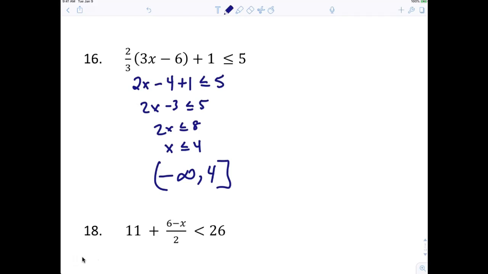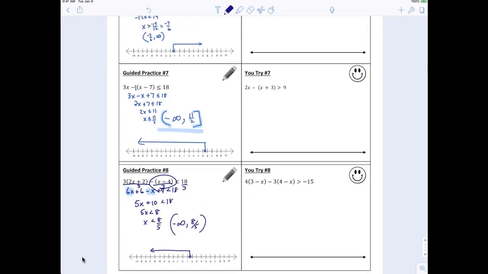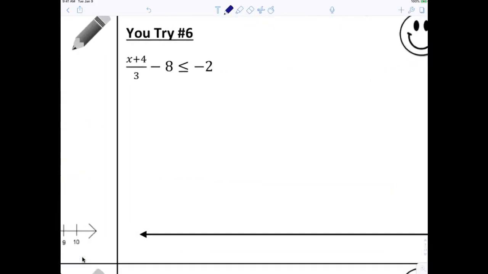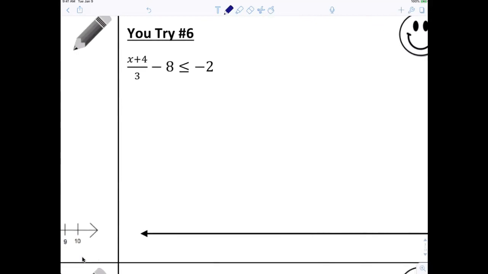Oh, that's okay. Go back up. I know what you're talking about. Okay, thank you. So here we'd add 8 first, right? So we'd have x plus 4 over 3 is less than or equal to 6, right? Yes, you could. But then you'd have to multiply the 8 by the 3 and that by 3.